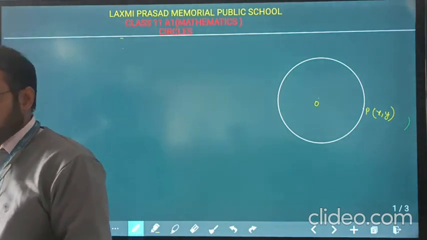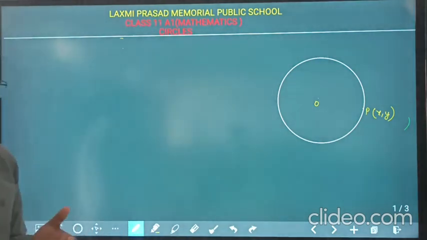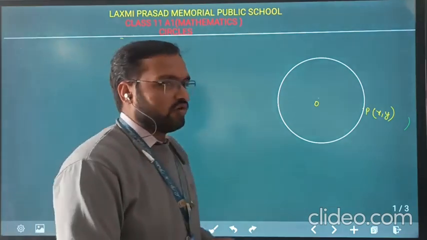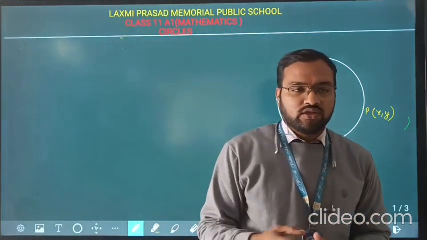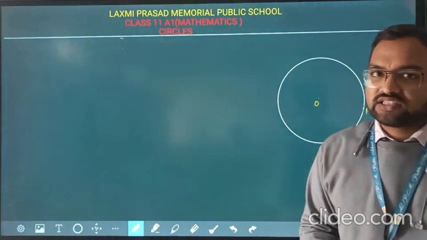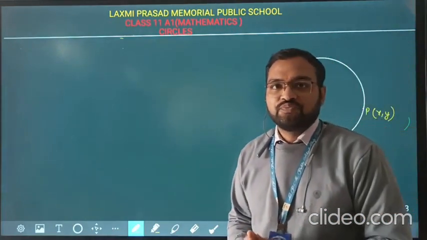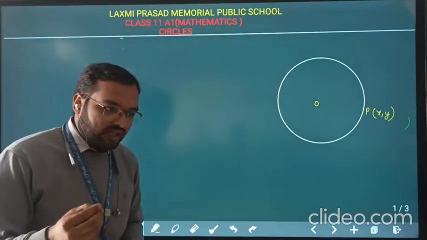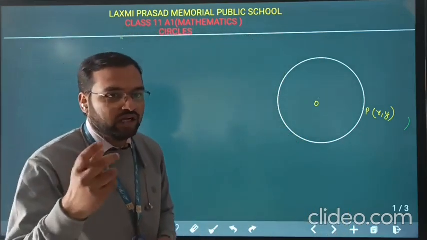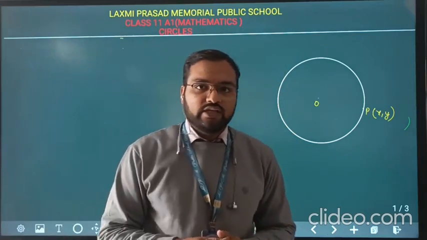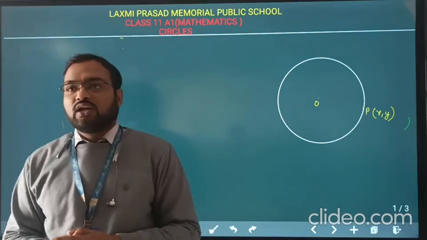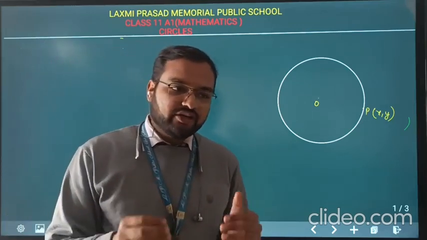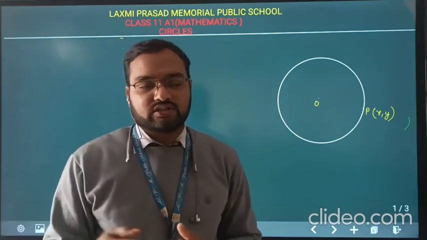then we can find the circle. There may be a question, maybe you have a doubt: sir, what is a locus? As in the previous classes I discussed with you, locus is the path traced by a moving point in a plane under some geometric restrictions or conditions.